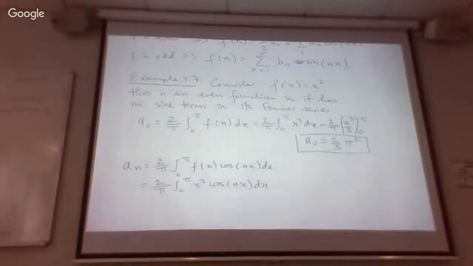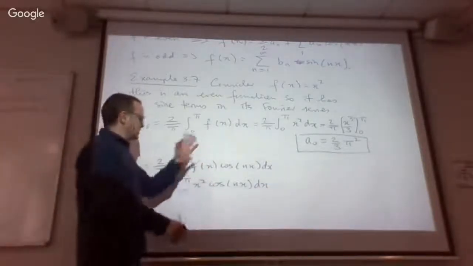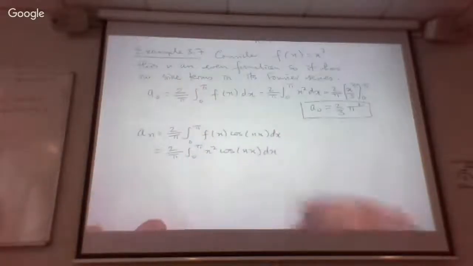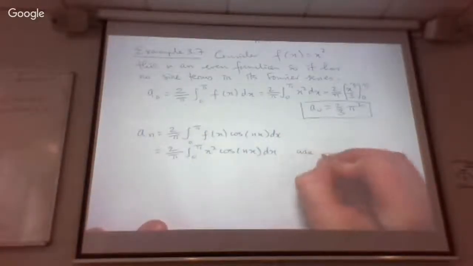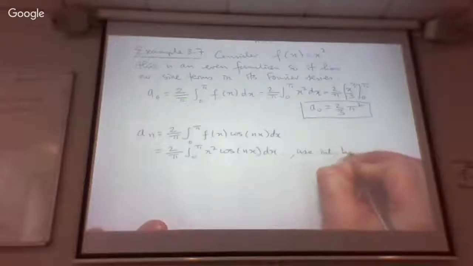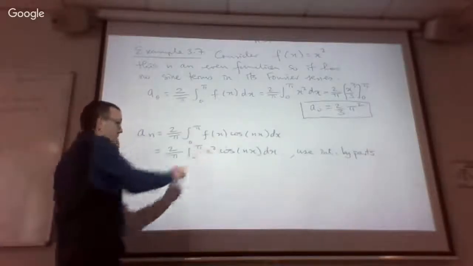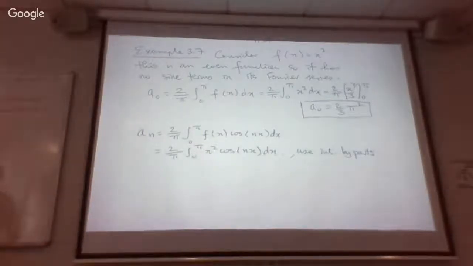Now in the absence of formulae for integrating x cosine or x squared cosine, you'd have to do this as an example of integration by parts. Cosine nx is the derivative of sine nx over n.